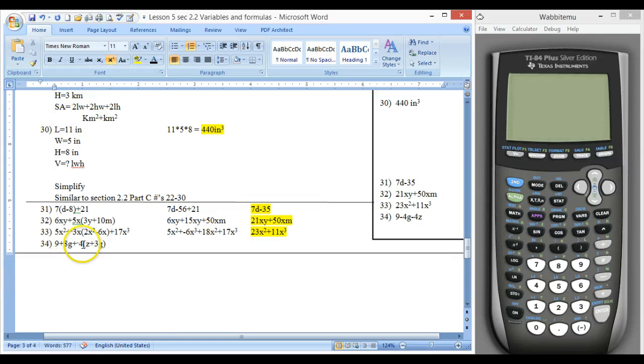Okay, and we're going to use the distributive property, negative 4 times z. So here the 9 isn't being affected, nor is the 8g. Negative 4 times z, I can write plus negative 4z, or you can write minus 4z.